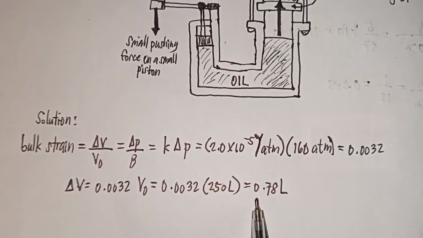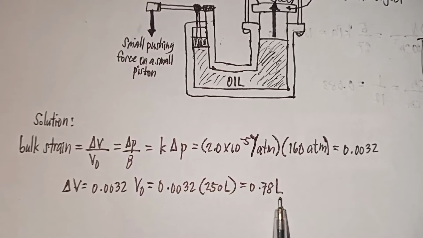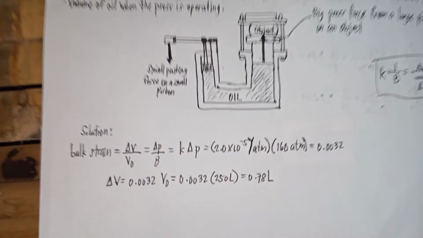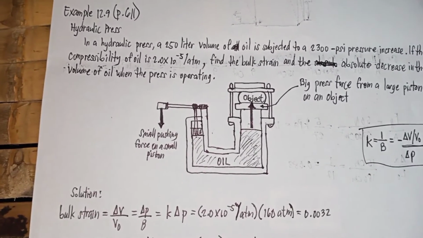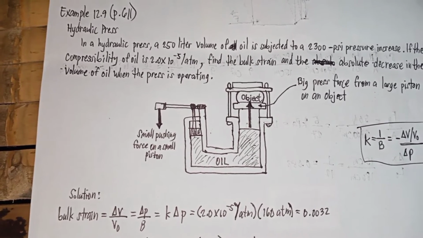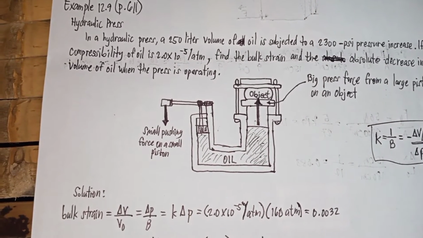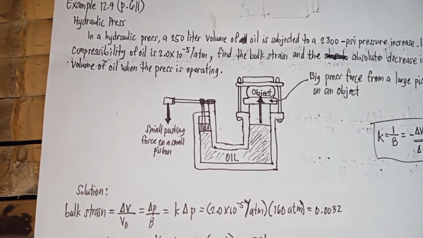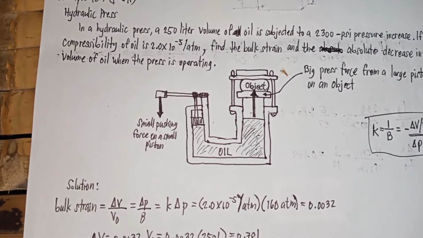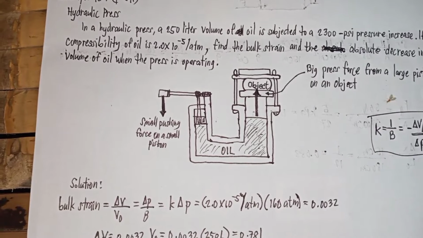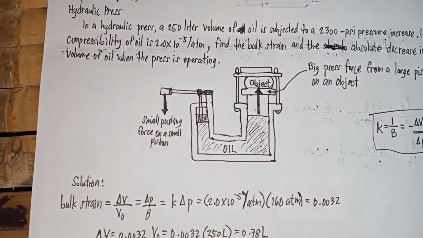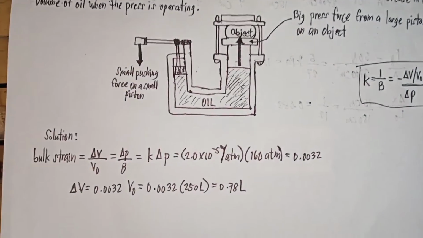So the result is 0.78 liters. We notice that since the compressibility of water is 2.32 times larger than that of oil, if the working substance in the hydraulic press in this problem were changed to water, the bulk strain as well as the volume change would be 2.32 times larger.